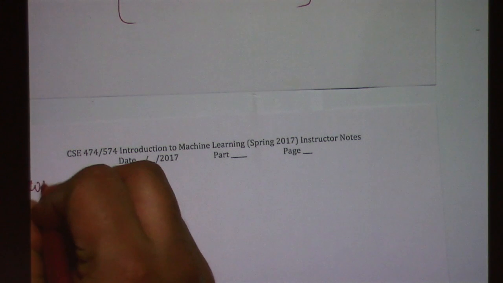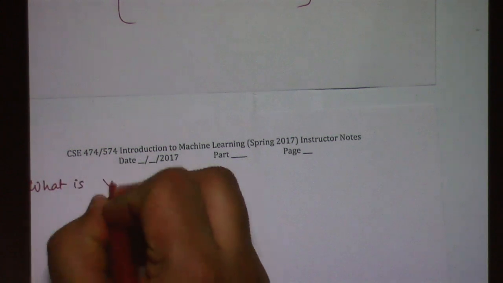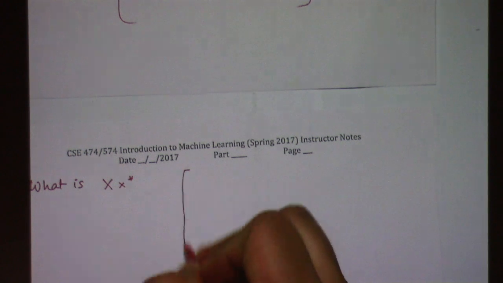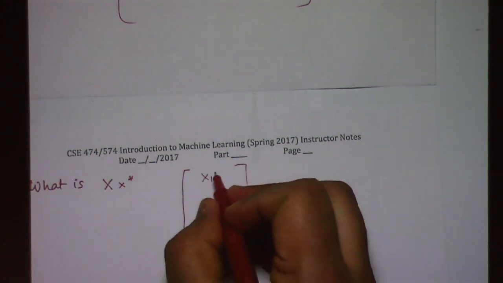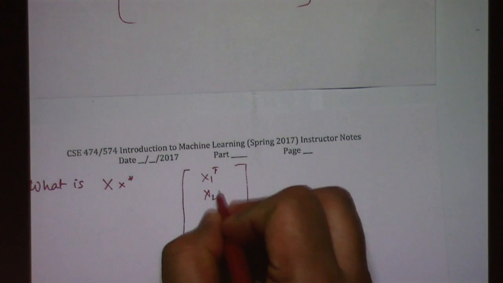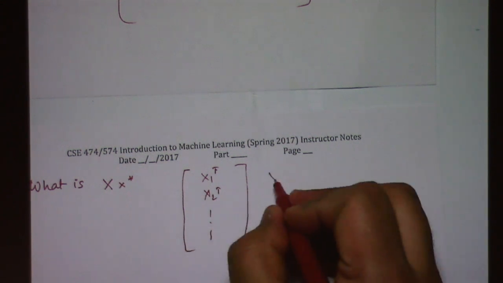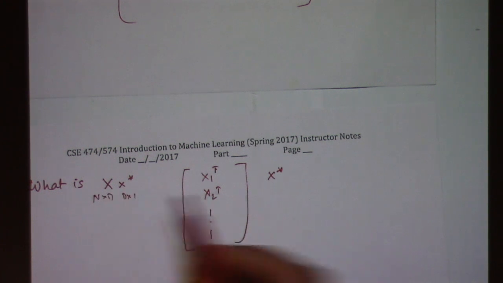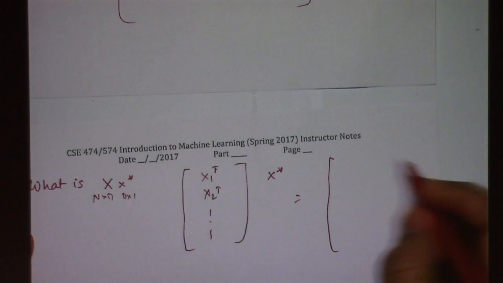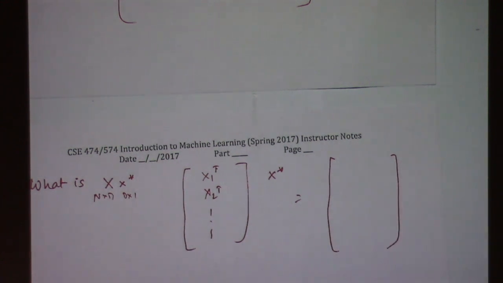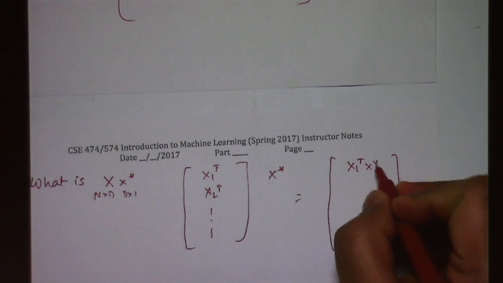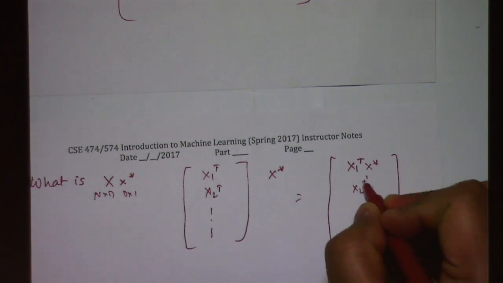So what is x star? Remember, x is a matrix in which each row is one of your training data points, and x star is just x star. When you multiply these, this is n cross d, times d cross 1, so it will give you an n cross 1 vector in which each entry is x1 transpose x star, x2 transpose x star, and so on.